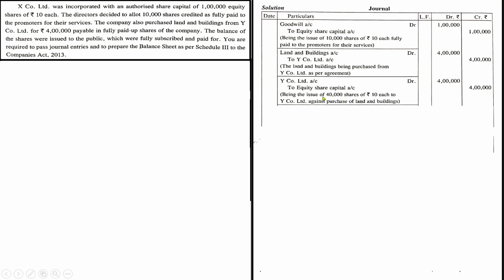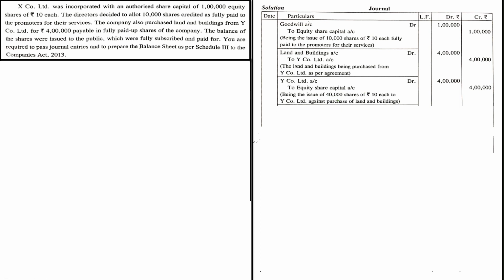In the previous class we have learned the equation for finding the number of shares issued with regard to purchase consideration. Go through that equation. That is how you have obtained 40,000, that is 4 lakh divided by the price of the share. Since there is no premium or discount, there is only par value. 4 lakh divided by 10, you will get 40,000. That is how the narration mentions 40,000.